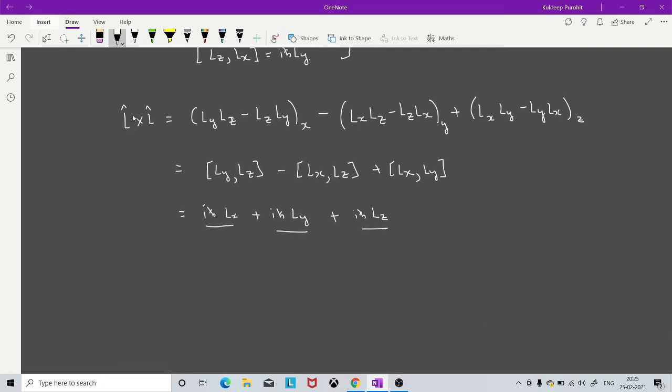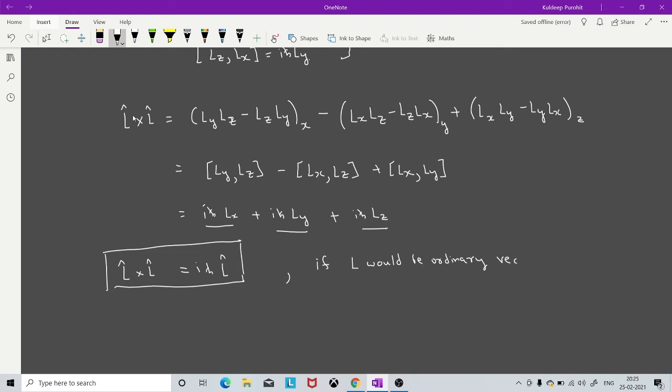And I can take iħ outside, and here I am getting the L operator. So L cross L is equal to iħ times L. What would happen if L were an ordinary vector, like we have in classical mechanics?